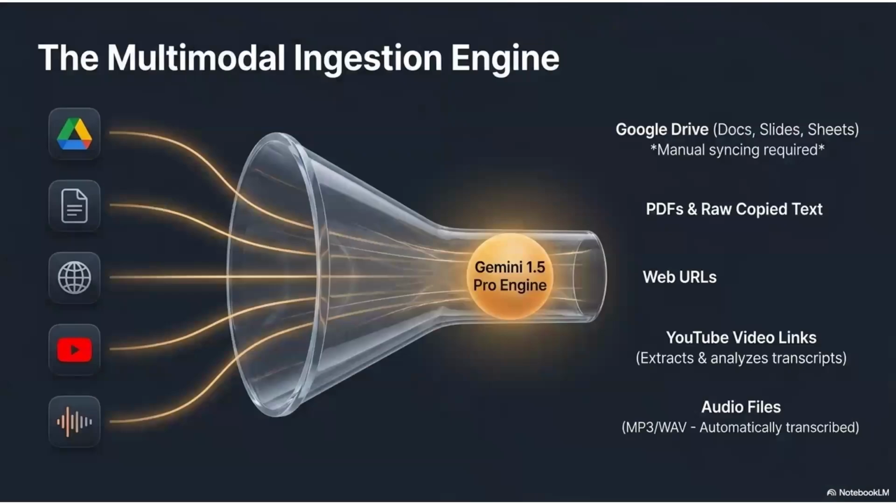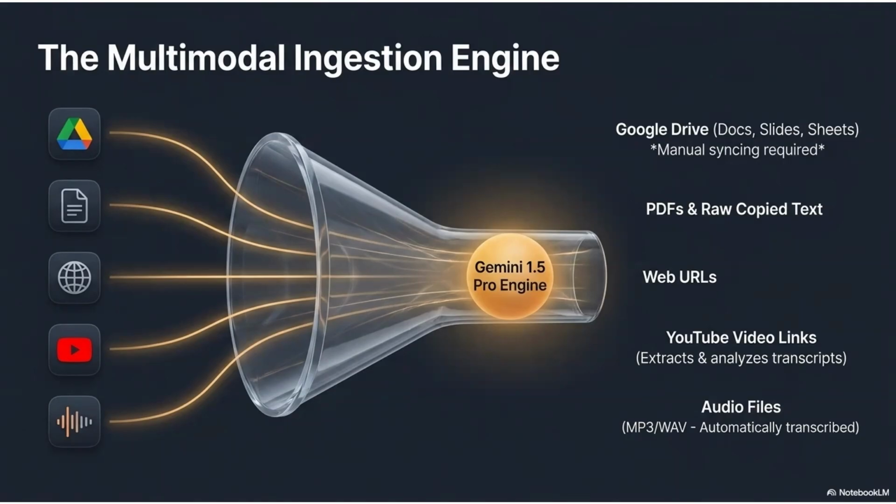The multimodal ingestion engine is the information that we will give to the Notebook LM. It can be from documents, PPT slides, the Excel sheets that we have in our Google Drive.